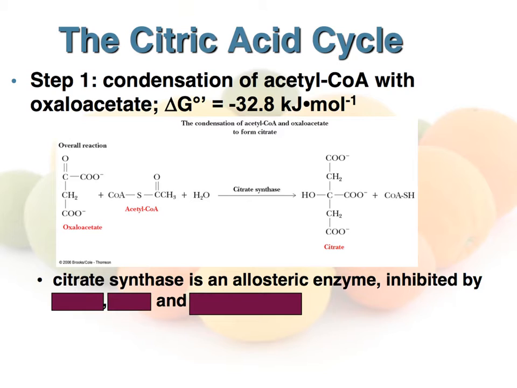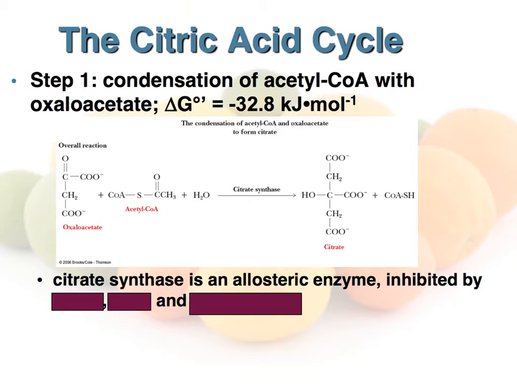It is an allosteric enzyme. What's one other note that you can make about it? State the obvious here. What is it or what can it not do? It's not reversible. So therefore, it's one of the checkpoints.